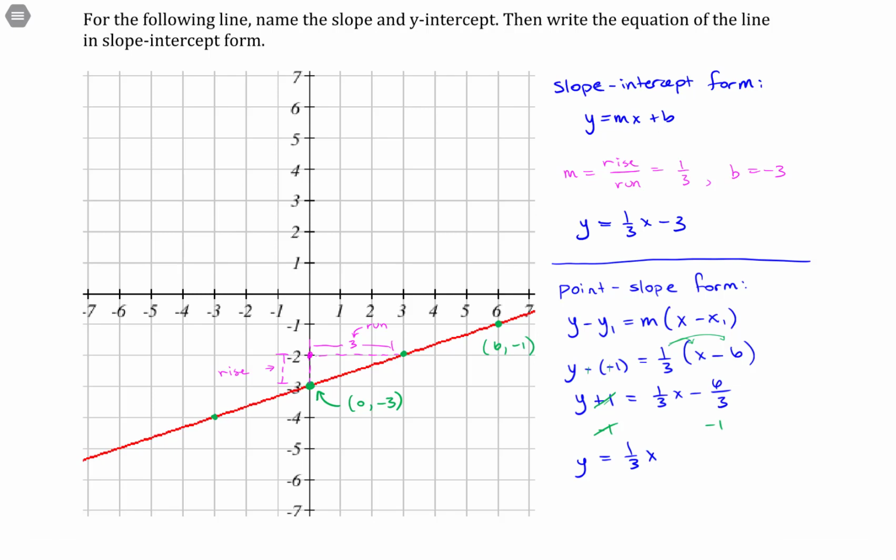And then I have 6/3, which is actually just -2. So -2 minus 1 is -3. So there's lots of different ways of getting the equation of a line, but most of them revolve around finding the slope of the line and at least one point that exists on the line.